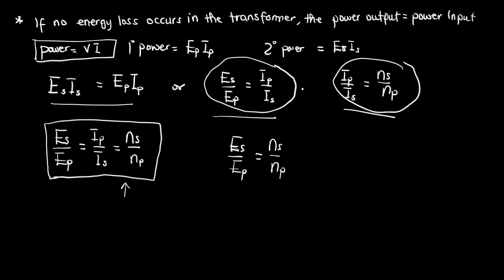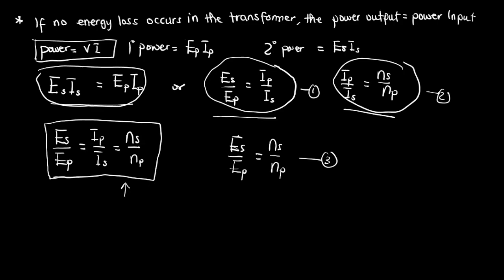So basically this is equation 1, this is equation 2. From equation 1 and equation 2 we can get this as equation 3. Don't confuse the positions. The first thing you need to know is that the current and the number of turns are inversely proportional, and this one is also like this. Once you know that, you don't have any problem, right?